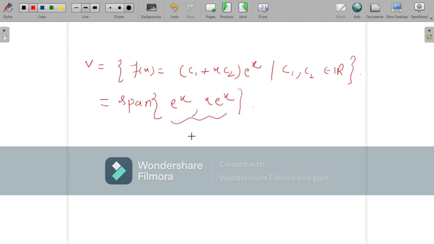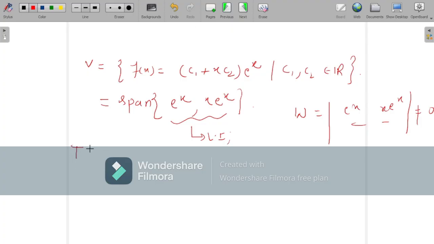You can check that this set is linearly independent by checking that the Wronskian of e to the power x, x e to the power x, and their differentiation is not equal to 0. Okay. It is easy to check. You can check it by yourself. Okay. This set is linearly independent.